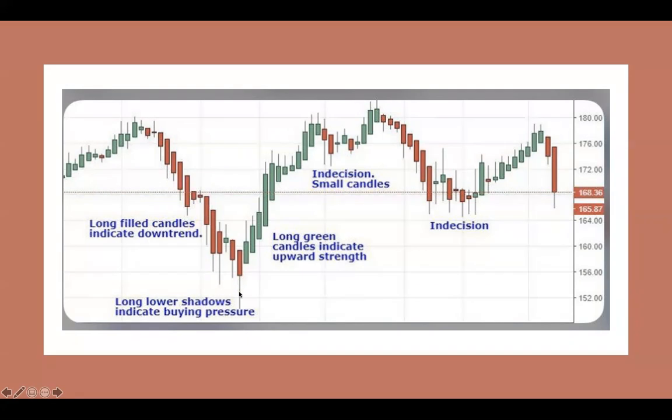Now, long lower shadows indicate buying pressure. They say shadows; I say wicks just because it sounds better to me. Basically, what they're saying is that these long wicks indicate buying pressure. You see how this candle's wick is super long compared to these other wicks? That lets you know that a buy is about to come into play. If you look at the next candles that show up, it spikes into a buy.